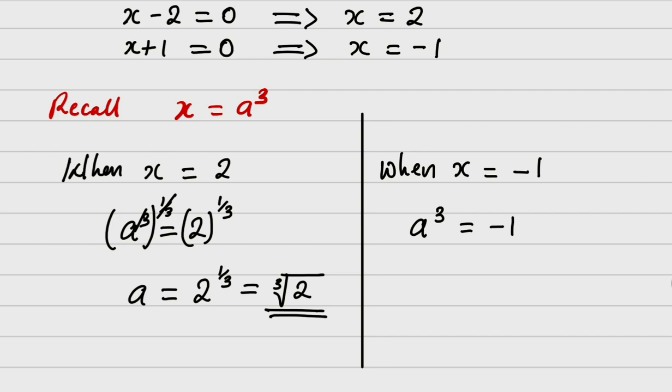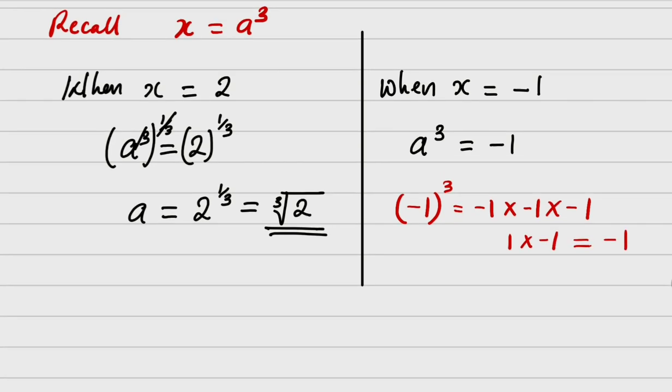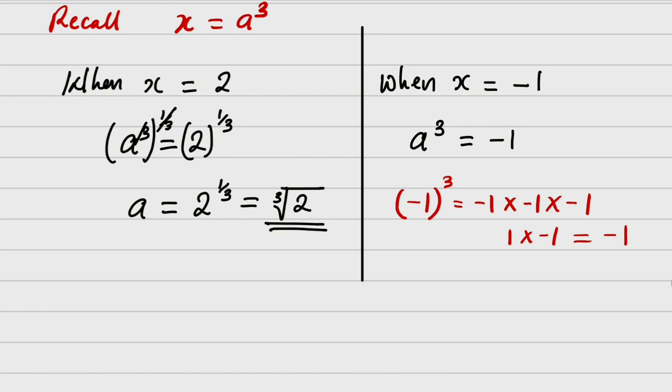Do you know that minus 1 all raised to power 3 is the same thing as saying minus 1 times minus 1 times minus 1? Minus 1 times minus 1 is 1, times minus 1, so it goes back to minus 1. With this knowledge, we will now come down to this and say a raised to power 3 is still the same thing as minus 1 raised to power 3.